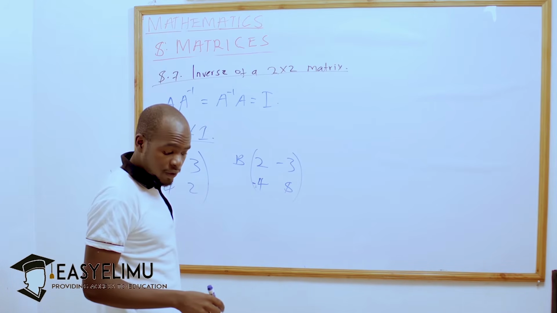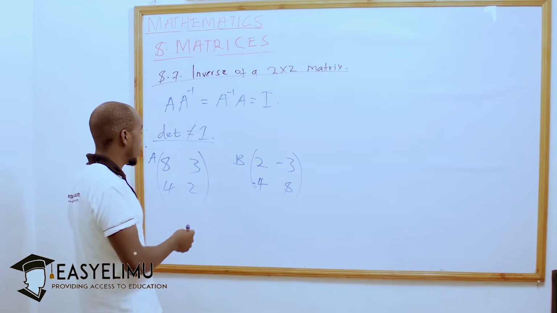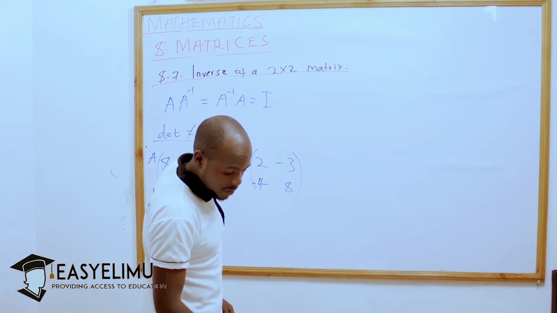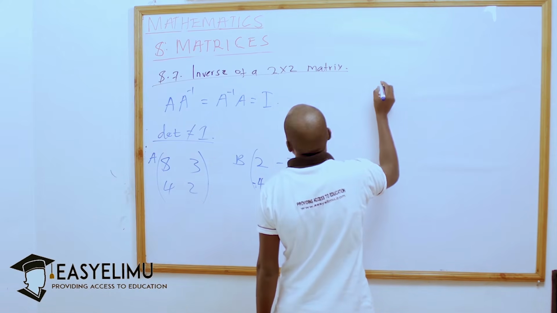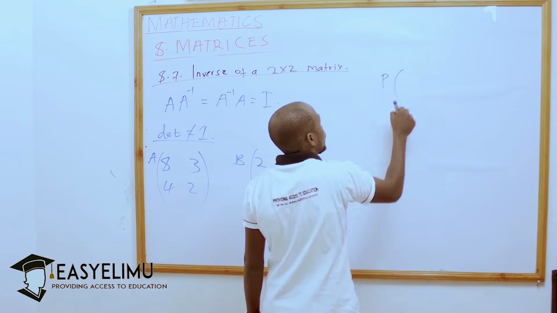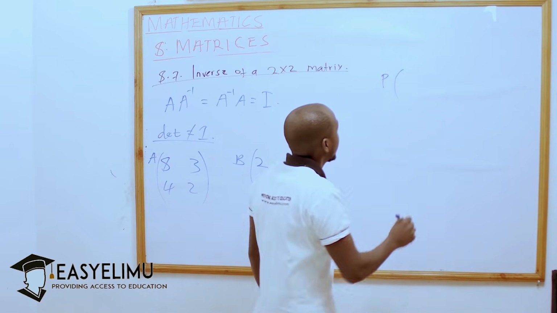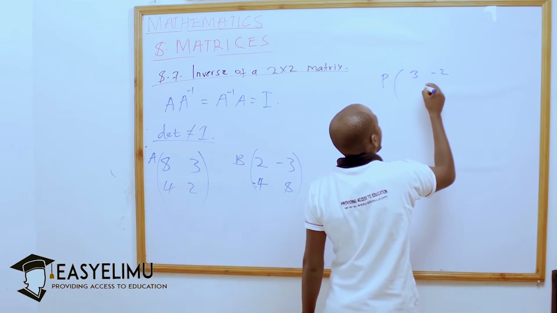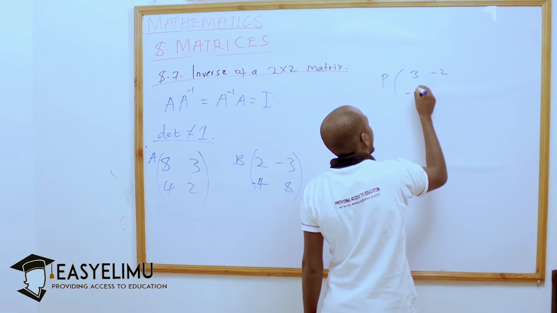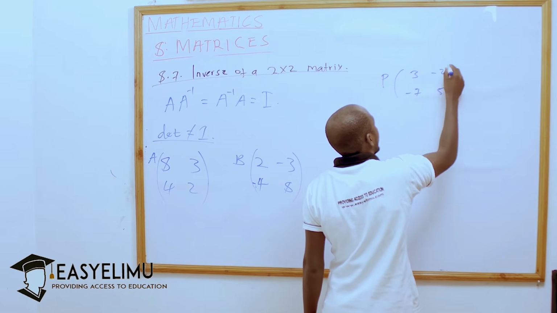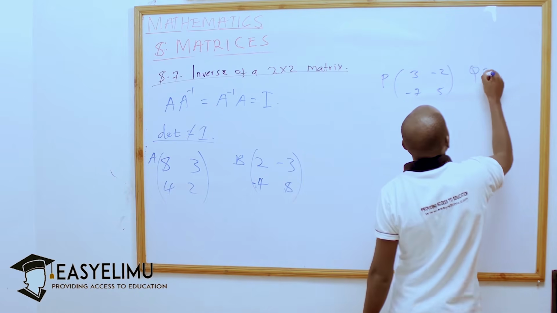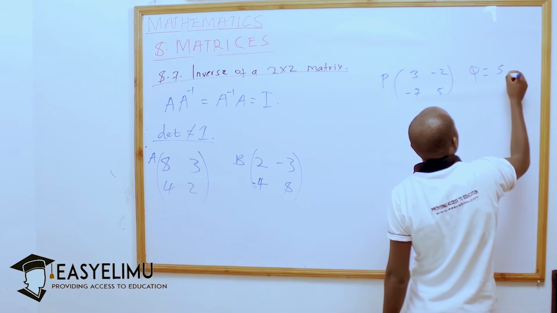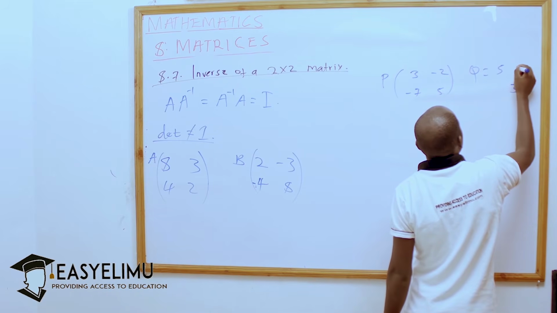For the case of the first one, we saw how it worked. Then this one we need to see. But remember, for the first one we had P, which was 3, negative 2, negative 5, 7, and Q was equal to 5, 2, 3, 7.